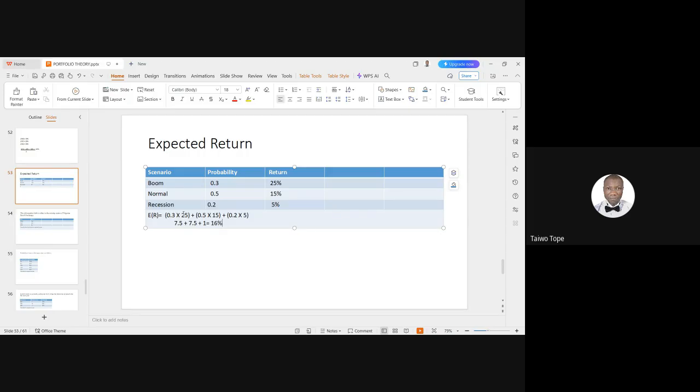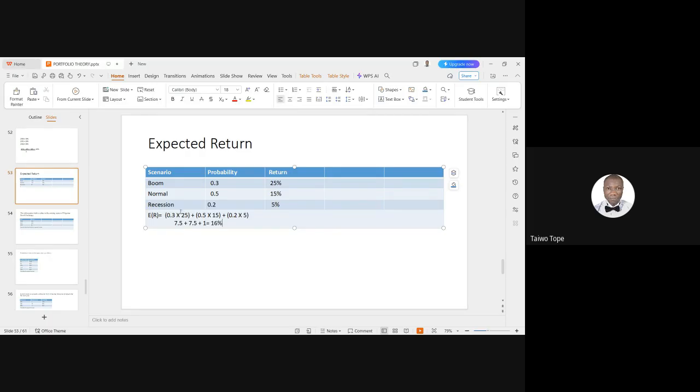So the concept of expected return is that it is forward-looking because it incorporates the issue of risk and uncertainty. You don't know what will happen, so the basis of prediction is to use your expected return. This is one of the ways to determine your return, your X bar or R bar.